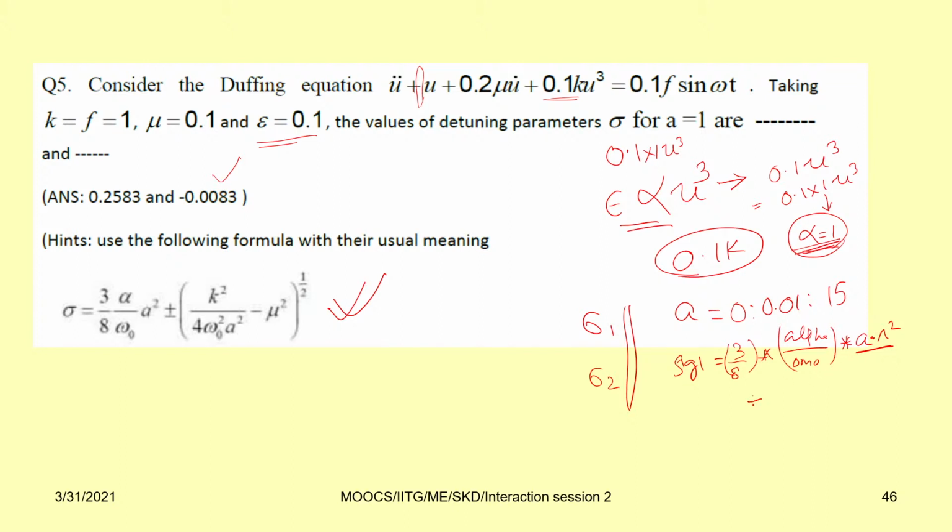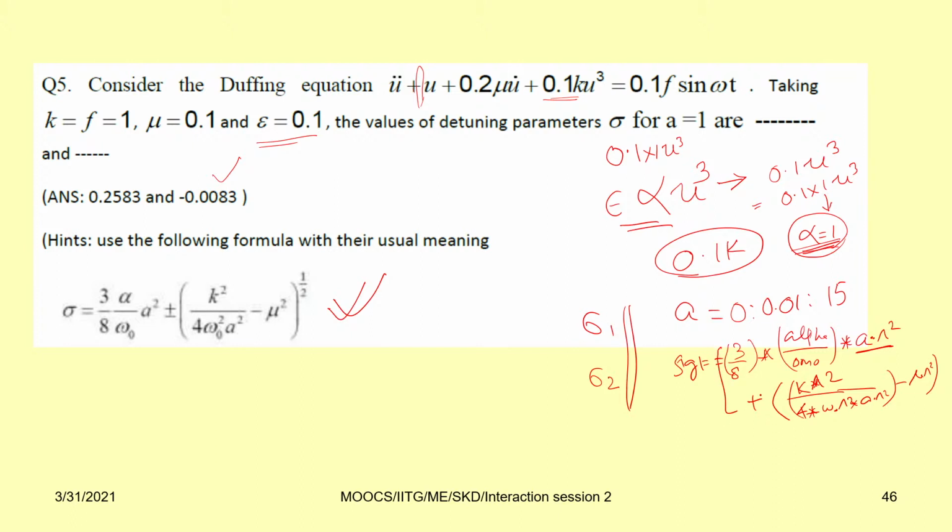So a dot square plus, then the other part is simple, that is k square by 4 omega 0 square, into a dot square, minus mu square. You define different values of mu. So this is sigma 1. Sigma 1 will be the square root of this thing, sqrt.